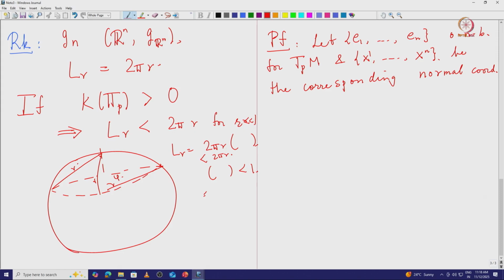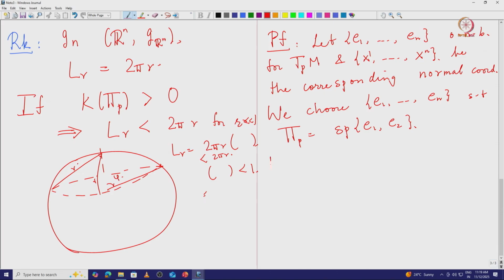Also we choose this basis such that the two plane that we are looking at is precisely given by the span of the first two basis vectors.